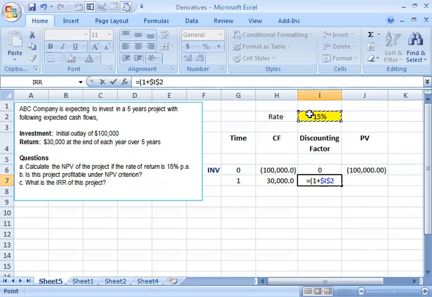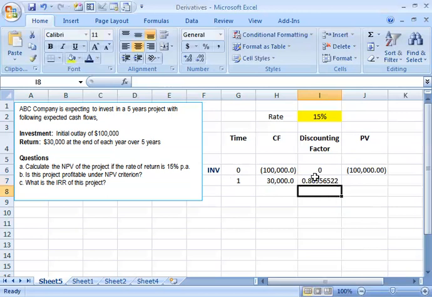You select this cell and press F4 once, or you can type the dollar mark, and we close the bracket. And to the power, since we discount by one period, negative 1. Don't do the absolute referencing for this, because this time factor changes from 1 to 5. So this is the formula.